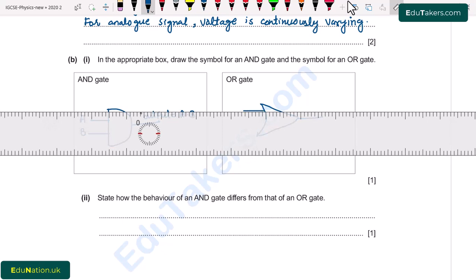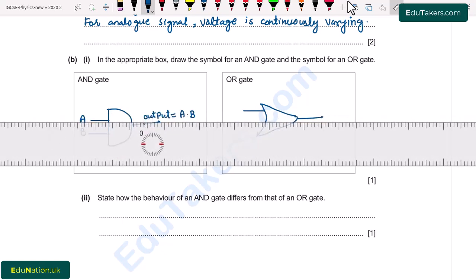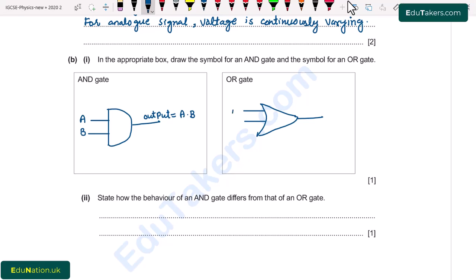This is input 1 and this is second input. If I represent these inputs with A and B, the output will be equal to A or B.